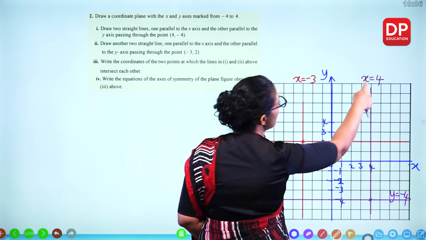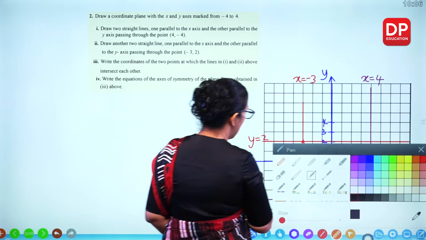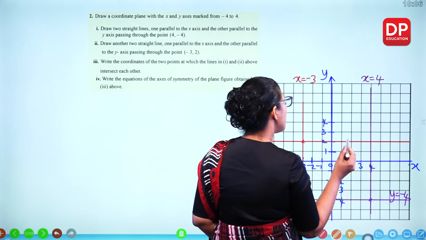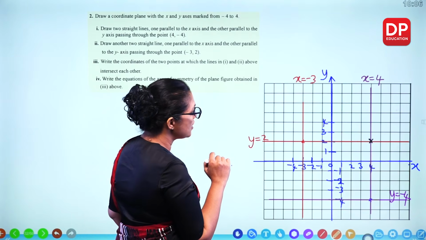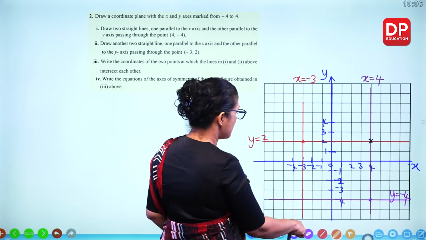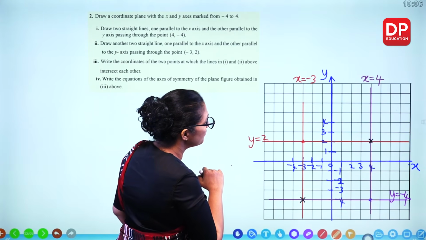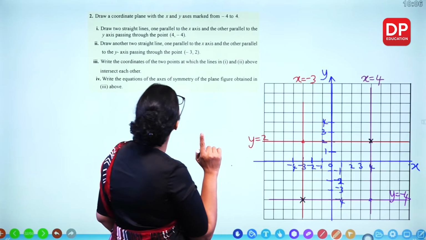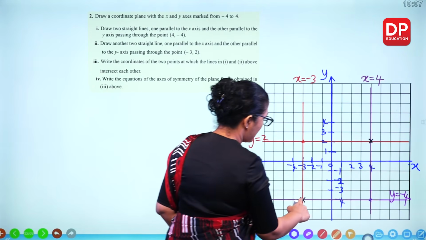Here, the pink one and the red one intersecting here. Point. What else? Red one and pink one here. 1 and 2 only. So, red and pink here and here.